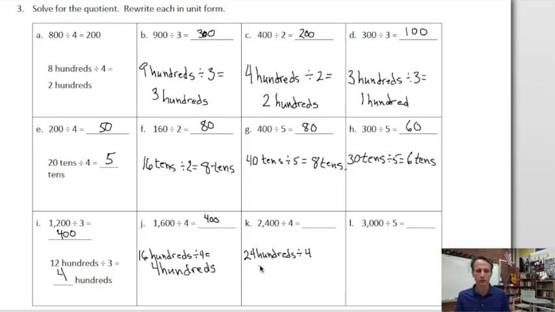24 hundreds divided by 4. So I had these $2,400 bills and 4 people. 100, 200, 300, 400, 8, 12, 16, 20, 24.